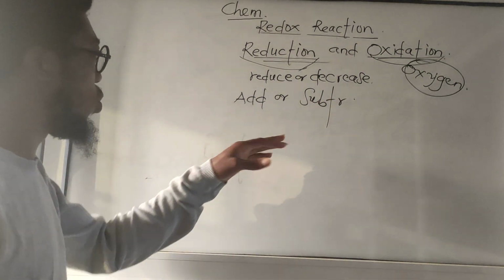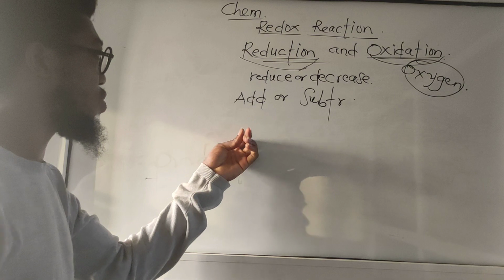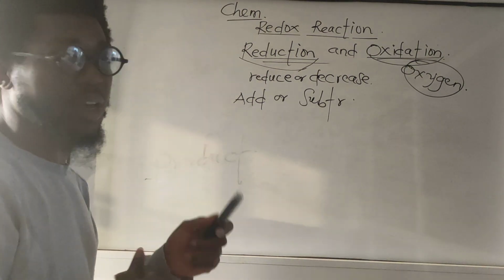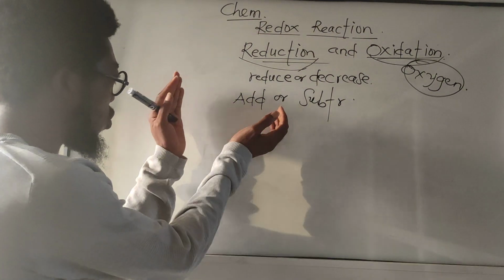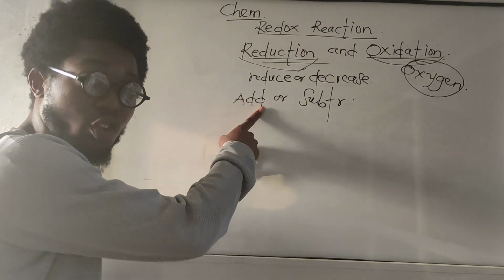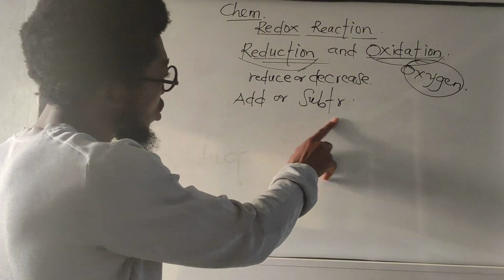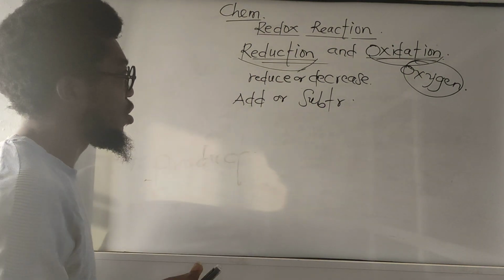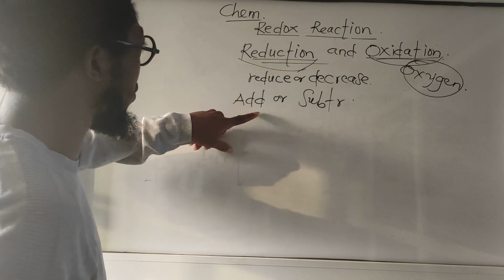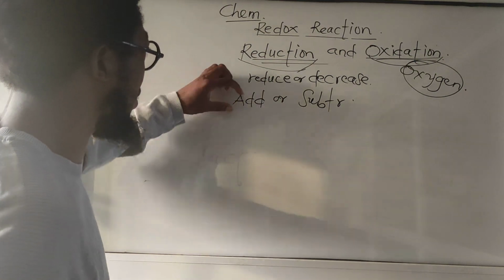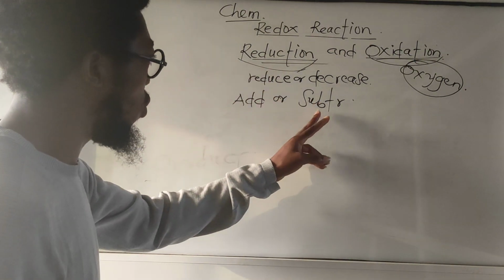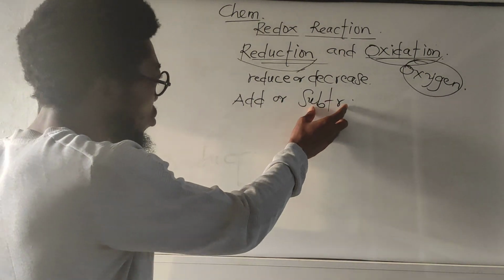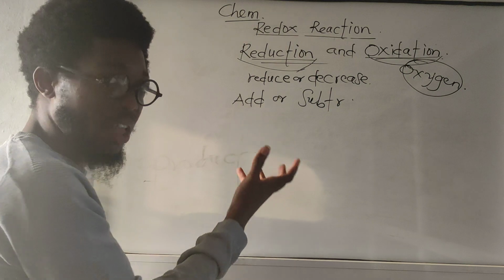Because according to John Dalton, in his atomic theory, he told us that for every chemical reaction, there must be combination, which stands for addition, or there must be separation, which means subtraction. But here, what we are going to be using now to call this reaction is either we are adding something or we are subtracting something. So when I add or I remove, I have done reaction either way.